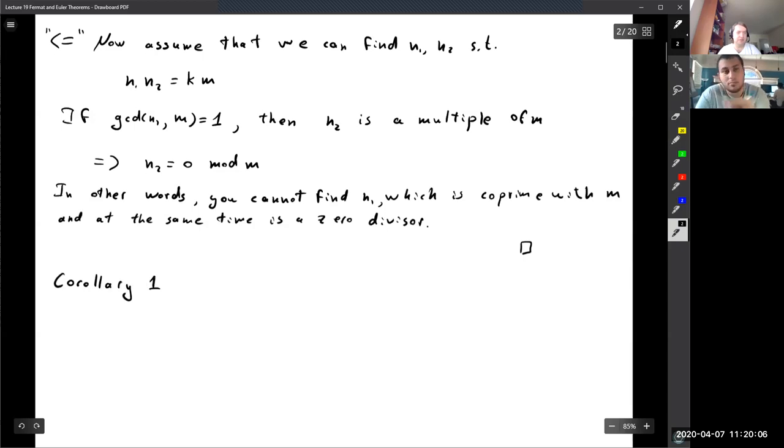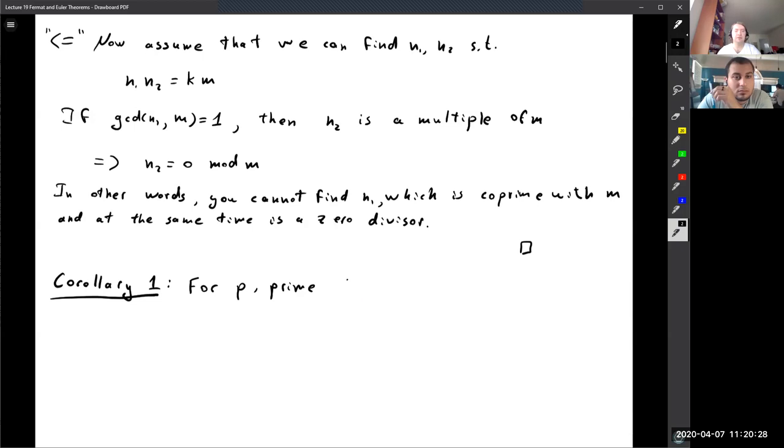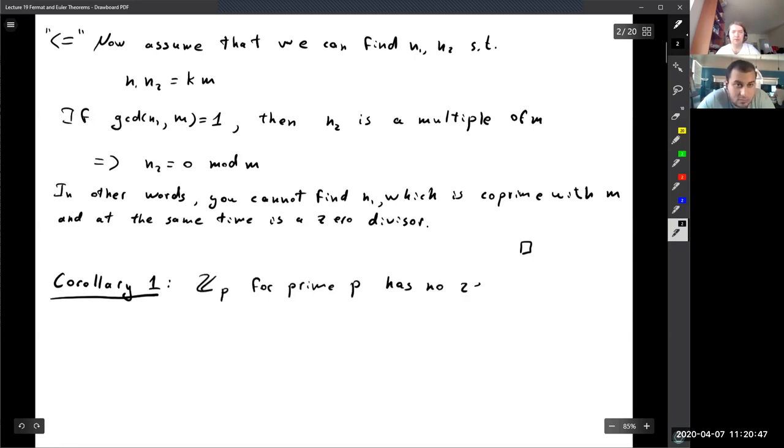Let's say that this is corollary 1. For p prime, the ring Zp has no zero divisors.